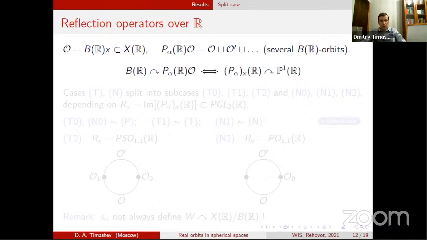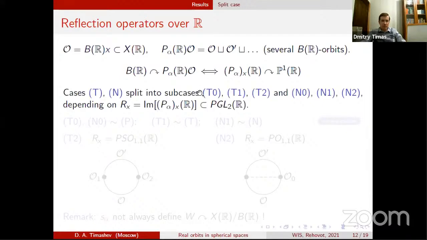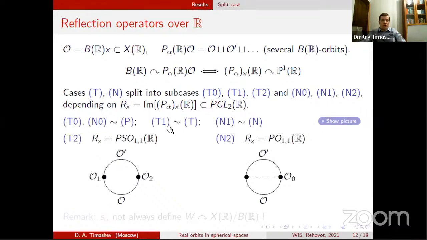The possible configurations of orbits, the picture is more rich than in the complex case. Basically, what happens, some of the complex cases split into real subcases. This happens for the cases T and N. The cases T and N split into three subcases each.